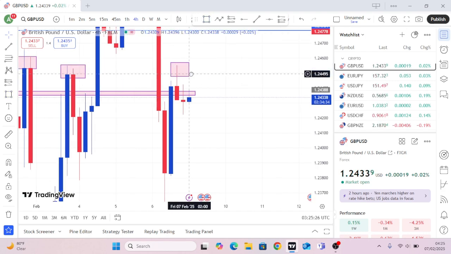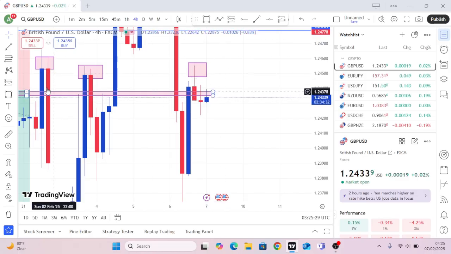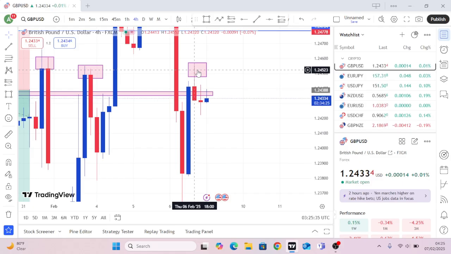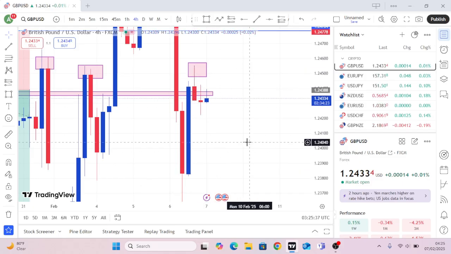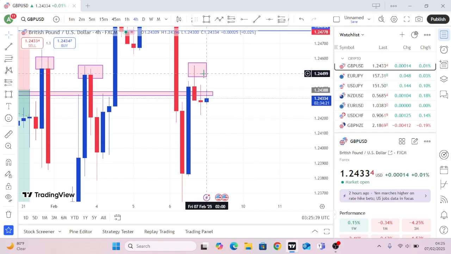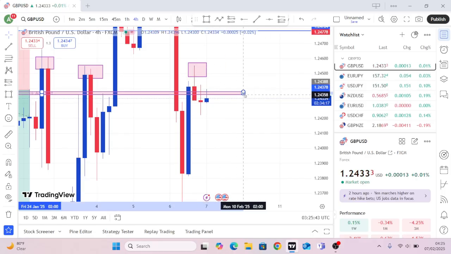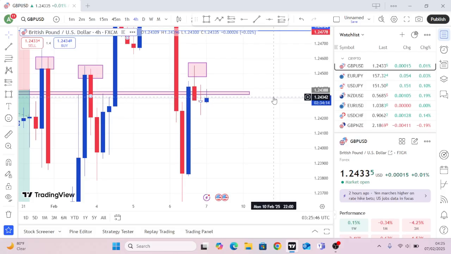But this third one failed to break above. Anytime it comes here, it pushes down. So it has come here again, and we're expecting the market to push down as it has been doing previously. So these are three signs that GBP USD has some momentum to go to the downside. And remember, on an overall time frame, GBP USD is on a downtrend.